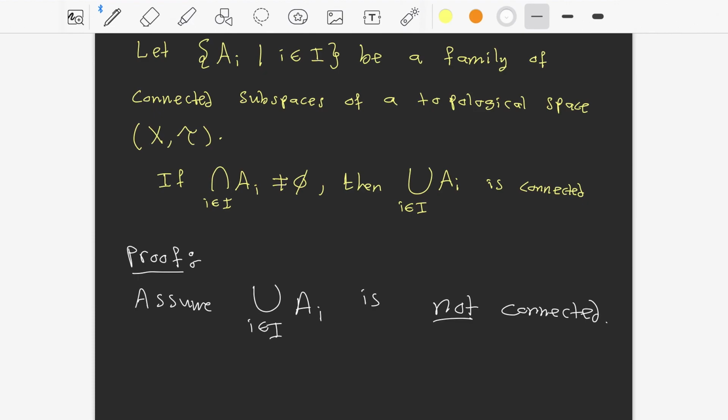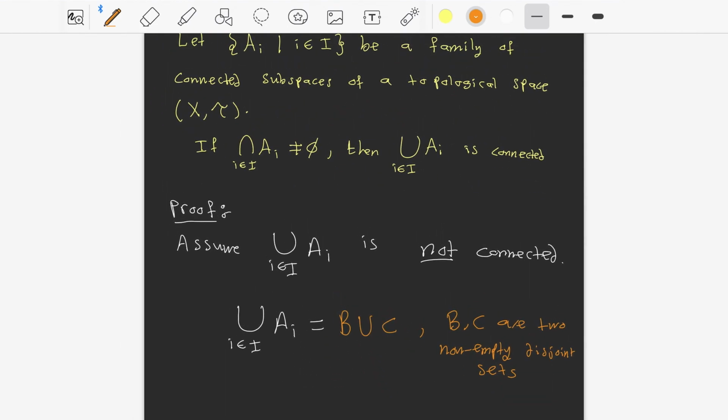And the second one, which we will use here, is that my space can be written as B union C, with both B and C being two non-empty disjoint sets. So we have two non-empty disjoint sets.